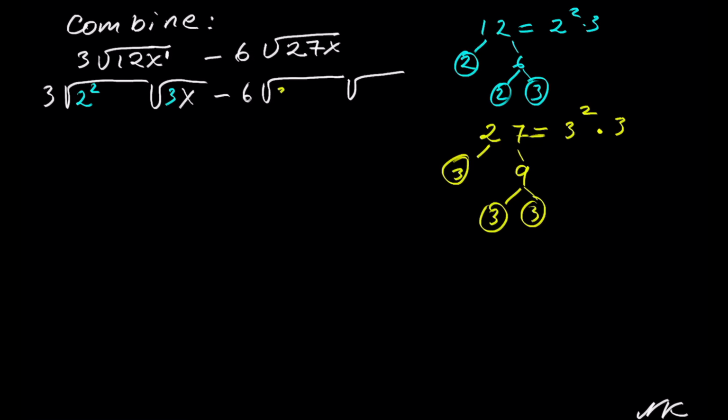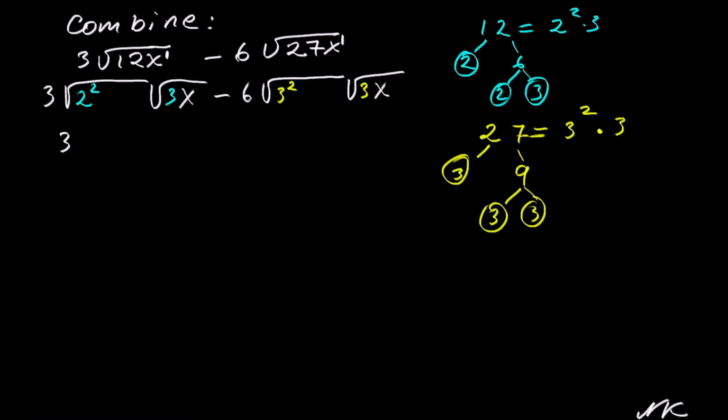So 3 to the second will go into the left root, and 3 will go into the leftover root, and we have one factor of x, so x will go into the leftover root. So the second term becomes negative 6 times the square root of 3 to the second times the square root of 3x.